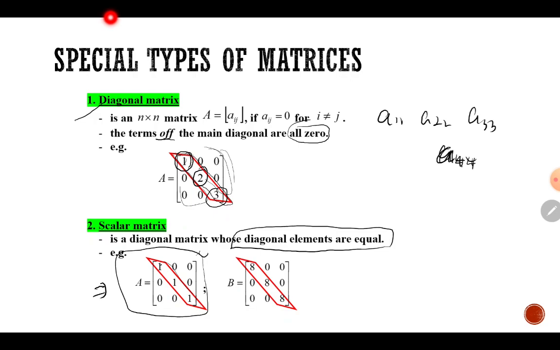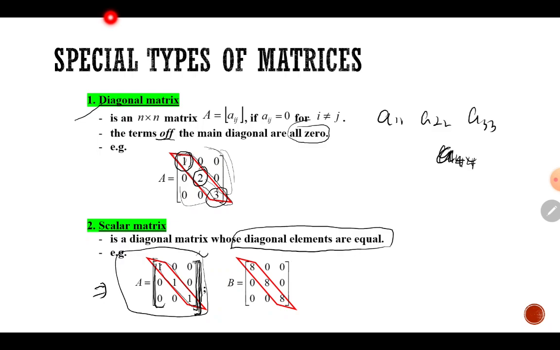For this case, for example, semua value dia adalah 1. Okay, semua value dia adalah sama-sama dengan 1. Value ni maksudnya, nanti kita akan belajar determinant, nilai matrix ni sama juga dengan 1. Tak apa, yang tu put aside dulu. Kita akan discuss in the next topic, in the next subtopic.